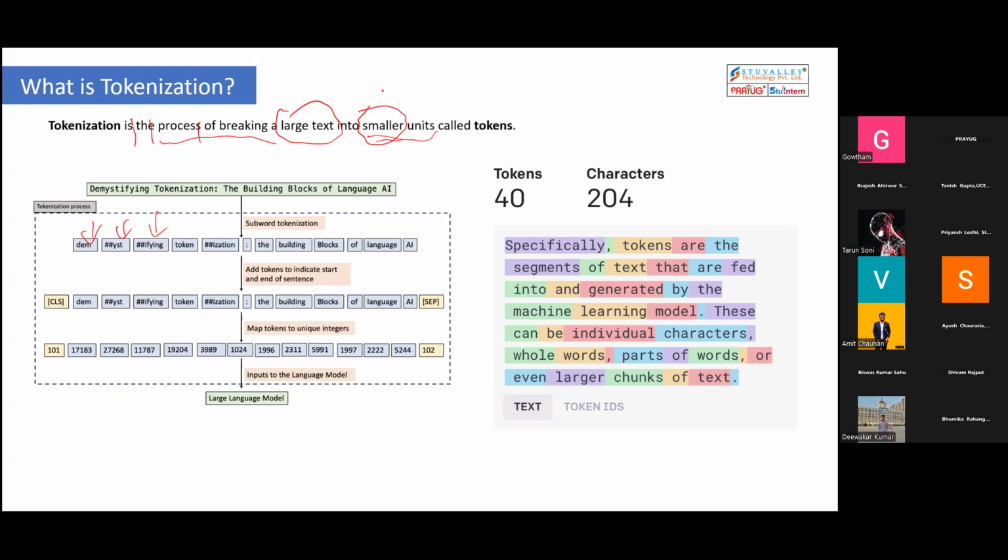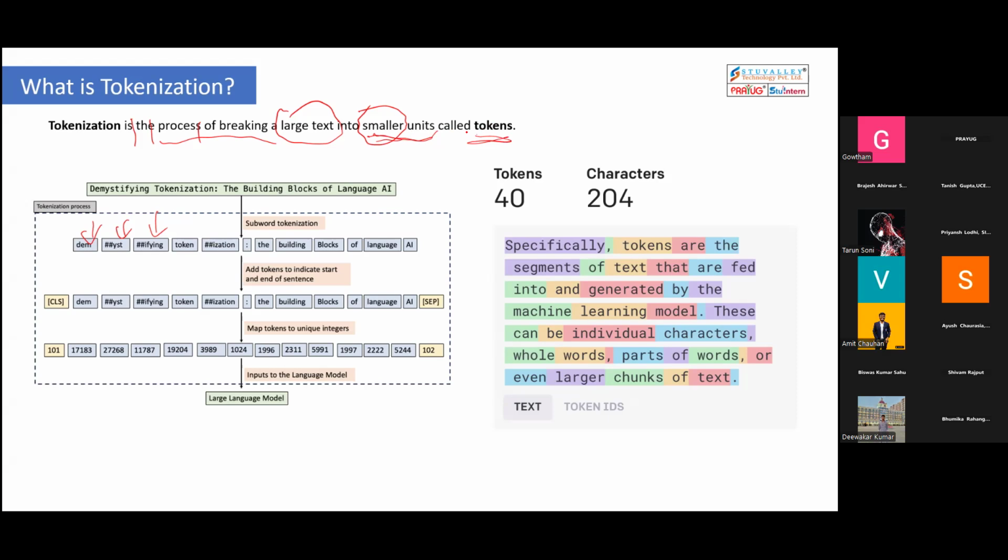Before going into what the smaller unit is, first of all we have to learn the different kinds of tokenization.